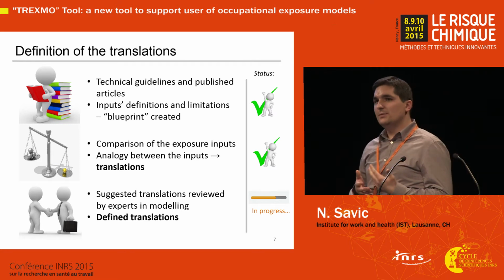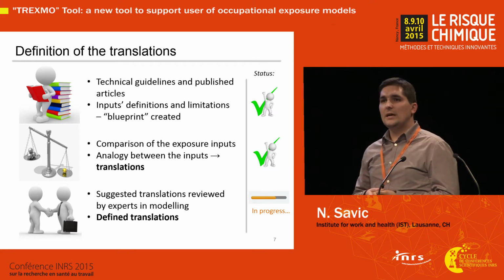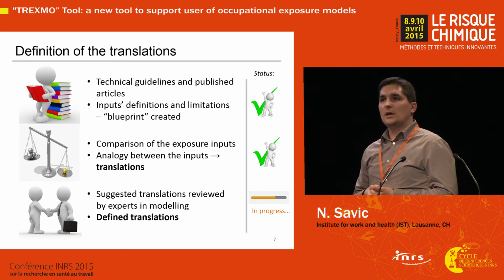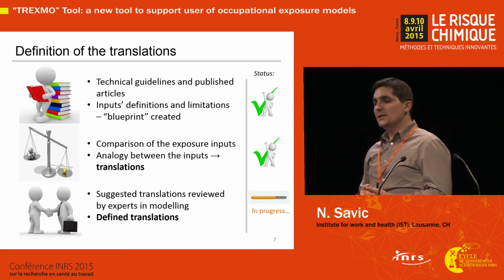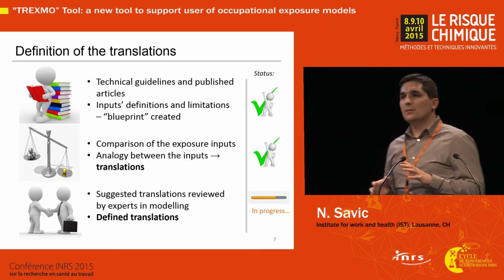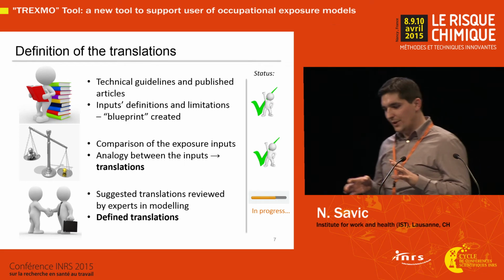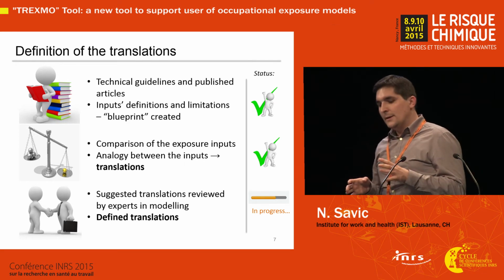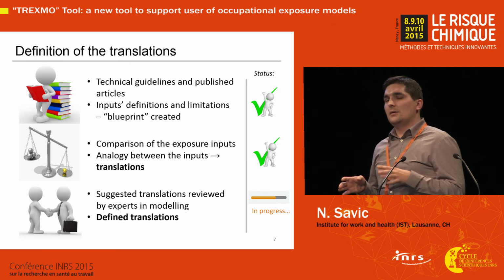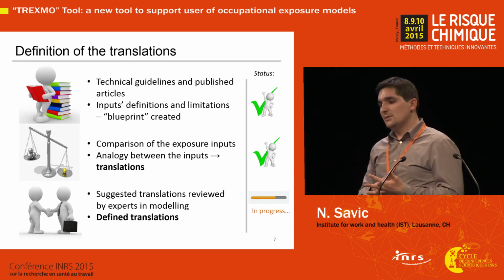These translations are developed in 3 steps. First, we reviewed all currently existing articles and technical guidelines related to these 6 models. We created something like a blueprint with all the inputs and determinants used in these 6 models.